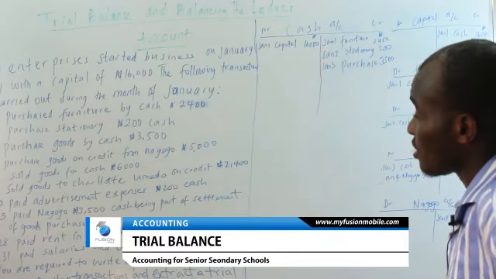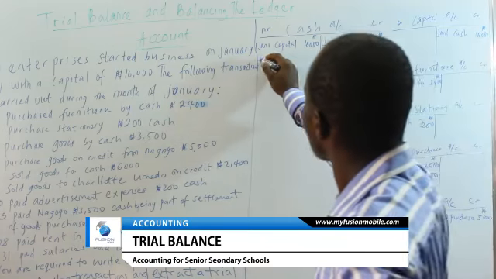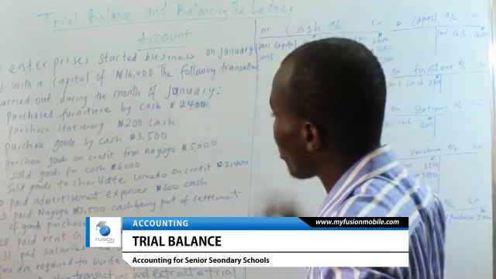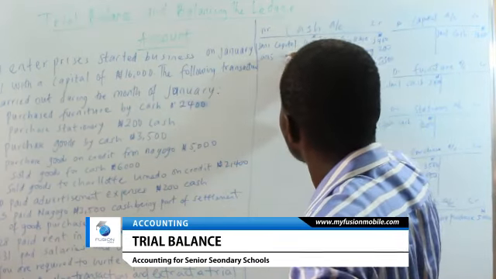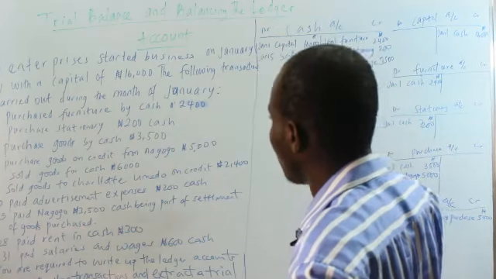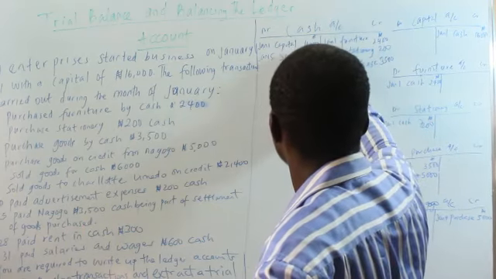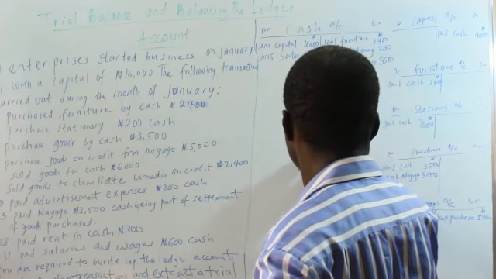So the next thing we have is sold goods for cash. When goods are sold for cash, that is a cash receipt. So again, we debit cash and credit sales account. We debit cash 6,000 naira and credit the sales account.